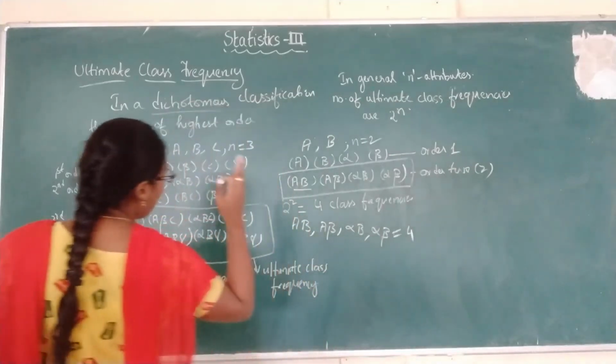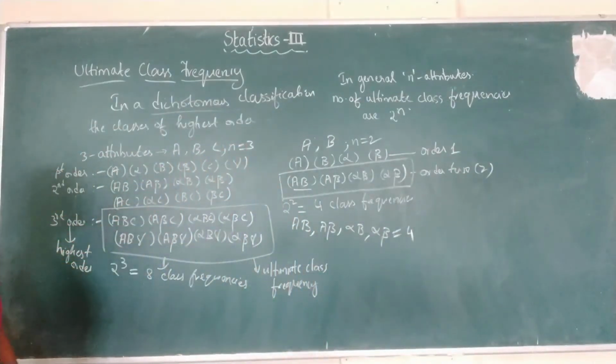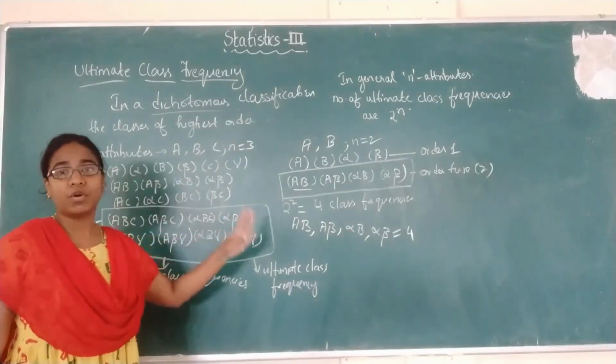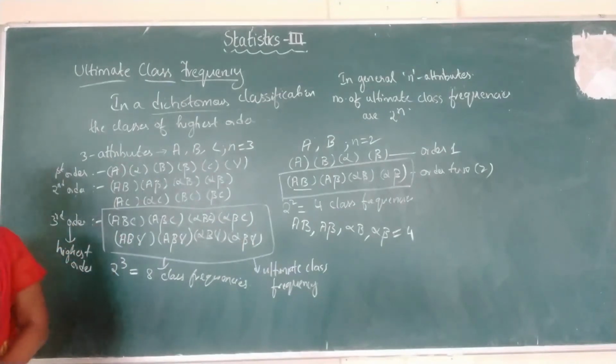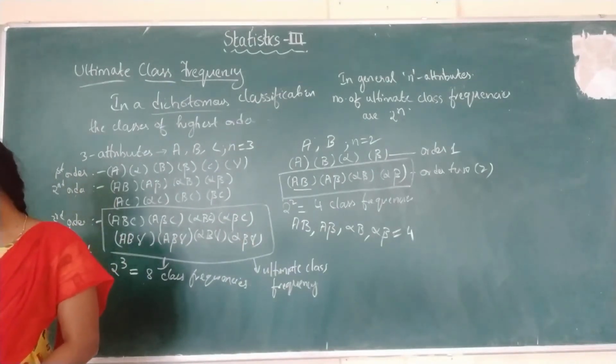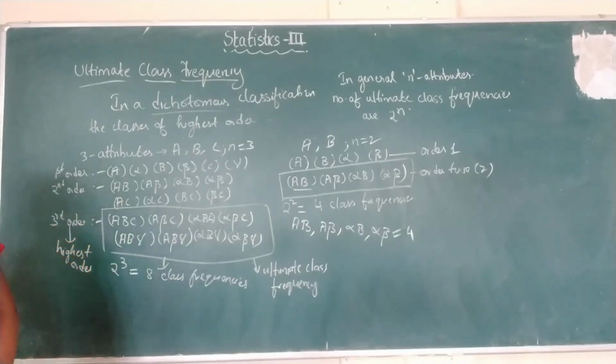So whenever you have n attributes, the number of ultimate class frequencies is 2 power n. So for 2 attributes you will get 4 ultimate classes, and similarly for 3 attributes you will get 8 ultimate classes.